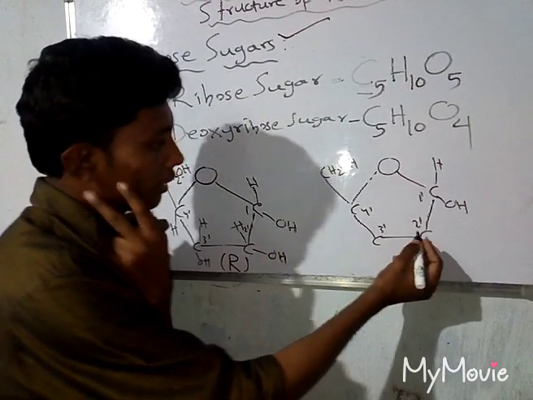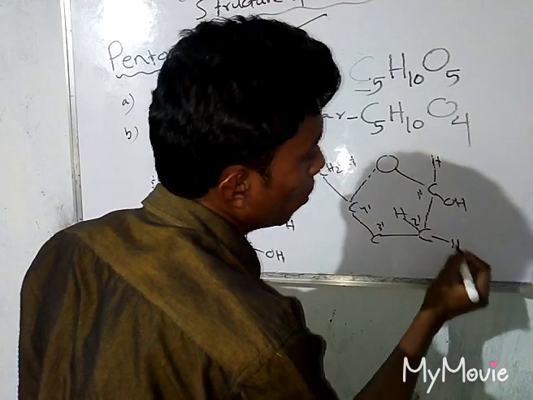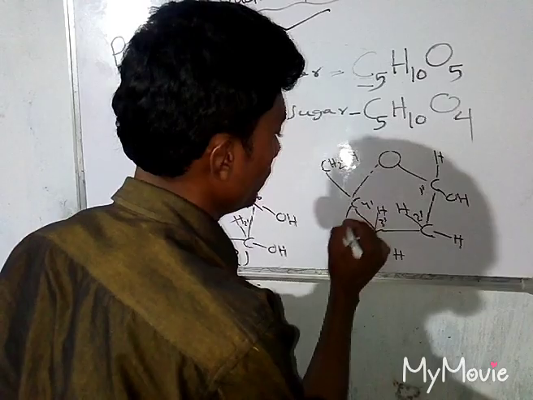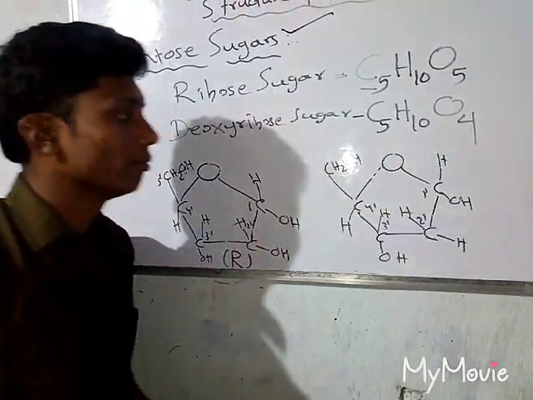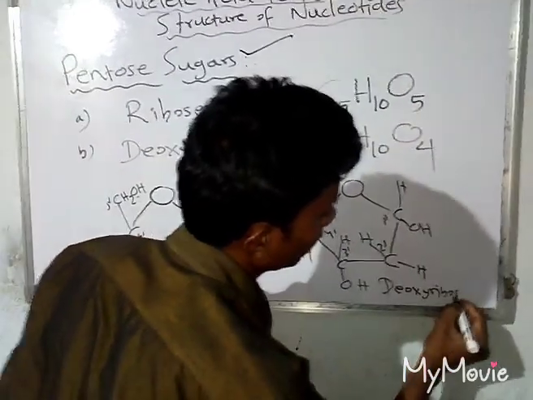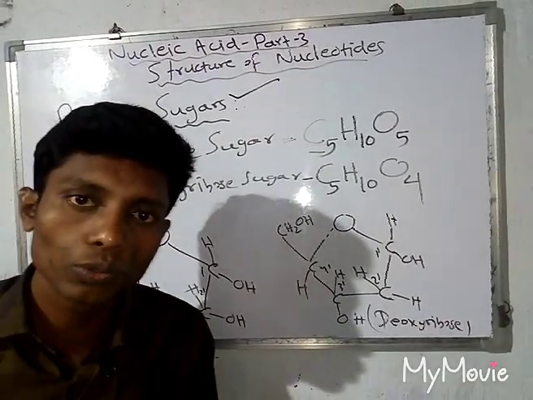Here at the 2 prime carbon atom, that is at the second carbon atom, there is no oxygen atom. Clear? So this is the structure of deoxyribose sugar.